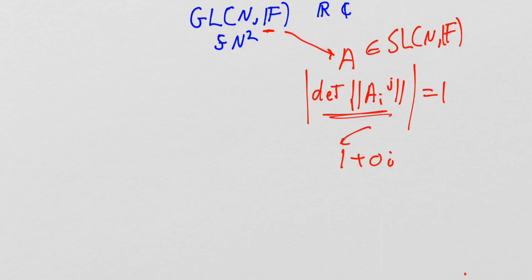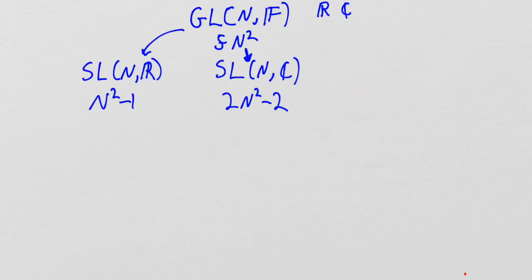Which means you need to force two things, and you have two constraints, right? So you lose 2 degrees of freedom. So it really depends whether you're dealing with a real or complex field, how many degrees of freedom you lose in order to be in the volume preserving groups. So let me write that down.